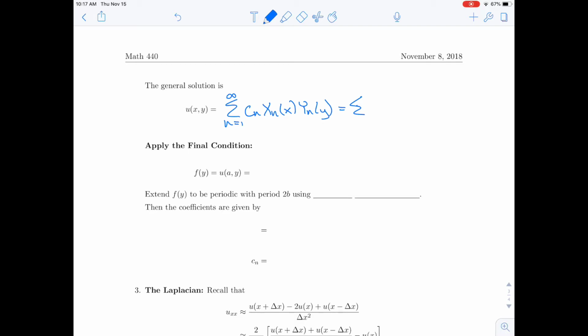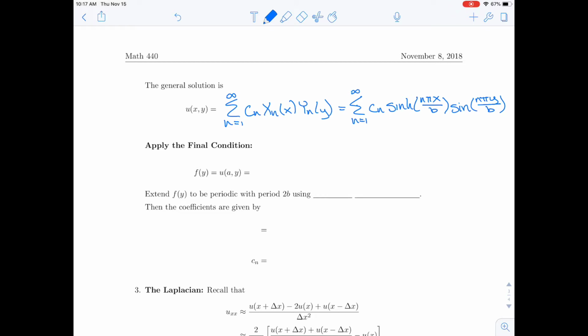That's going to be the sum from n equals 1 to infinity of c sub n sinh of n pi x over b sine of n pi y over b.